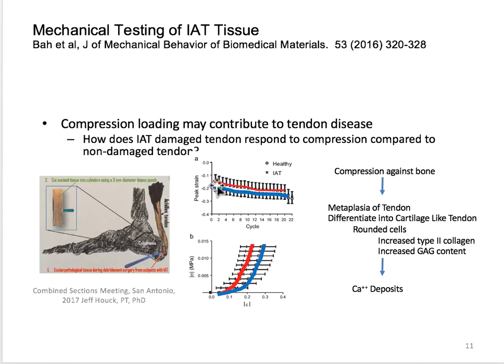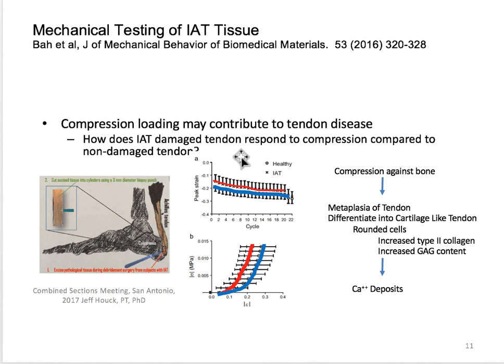And they've also done testing of this with tissue extracted from the people that had insertional Achilles tendinopathy. What we notice is that people with Achilles tendinopathy that have this trifecta of retrocalcaneal bursitis, bony abnormality, and this increased pressure on the deep side of the tendon are experiencing increased tendon stiffness.